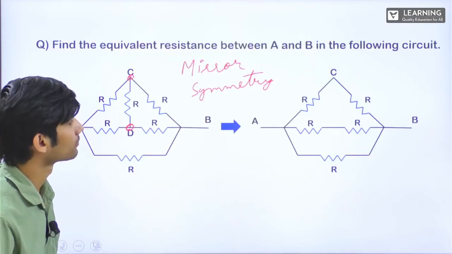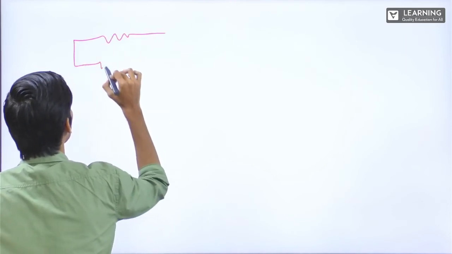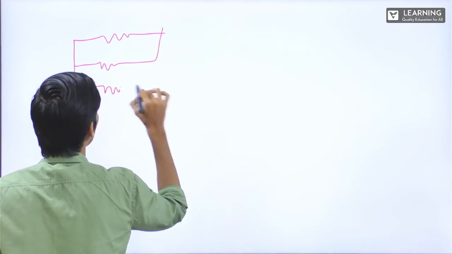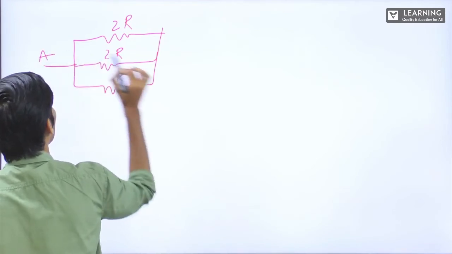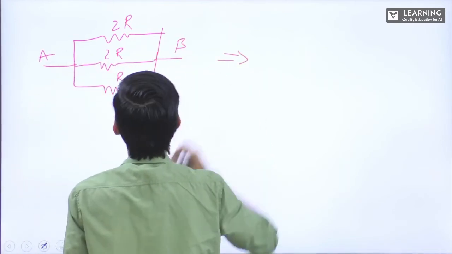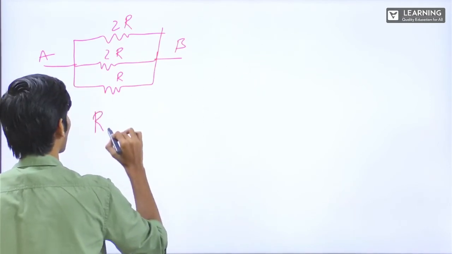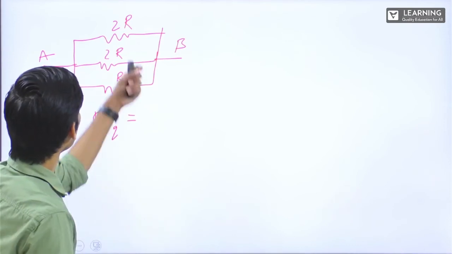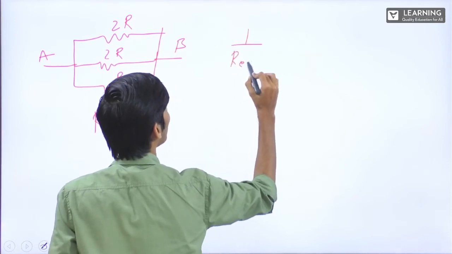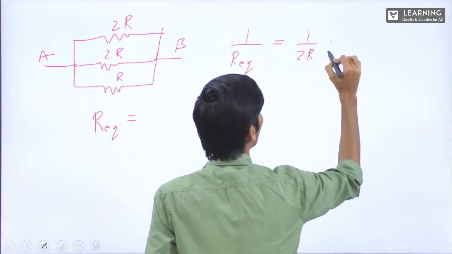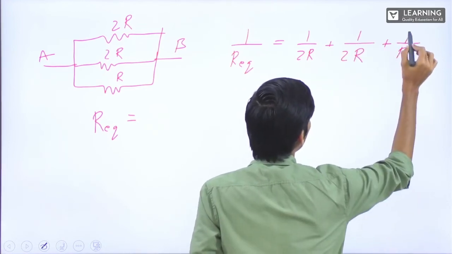Clear? From here, this will be 2R. This will again be 2R. This will be R. This is A. This is B. From here, I can write R equivalent directly. How much it will be? 1 upon 2R, 1 upon 2R, 1 upon R. I can write this as 2 upon 2R.